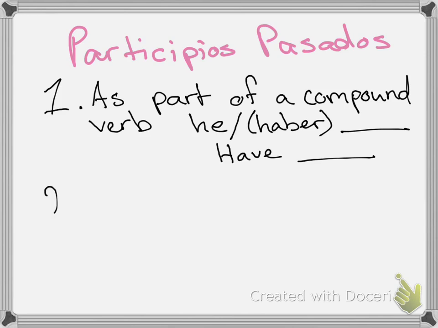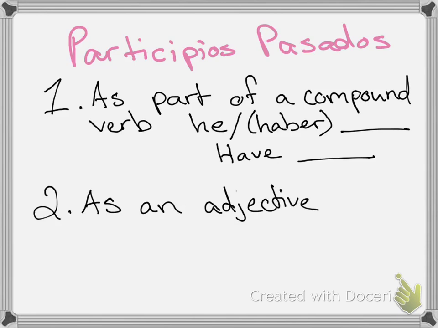The second way in which we use participios pasados, which is what we will be exploring more, is as an adjective. It is very important to note here that participios pasados can never be used alone as a verb. One of the most rookie mistakes that people make is they'll go into Google Translate and they'll be like, ooh, I need to say danced, for example.